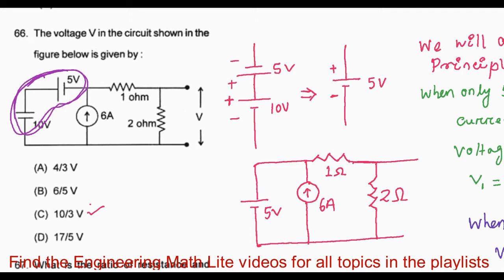So here 5 volt is given with this polarity and 6 volt is in opposite polarity, so these will be added and the final will be 5 volt because this is higher than this one, so this will be plus 5 volt in the manner as that of 10 volt.